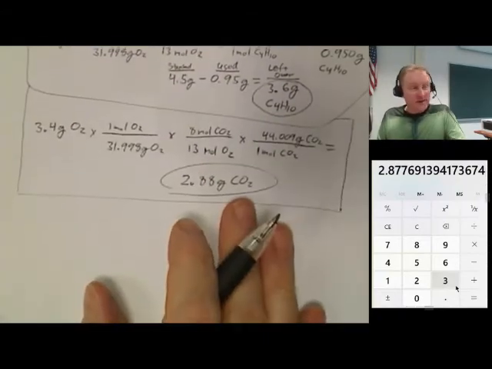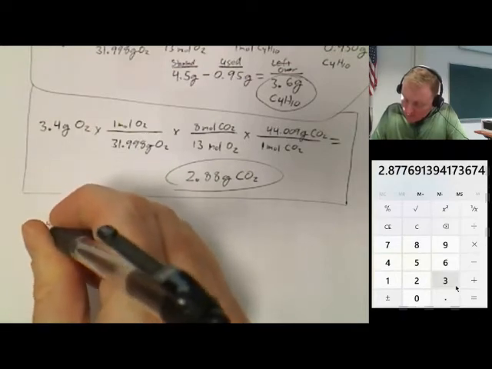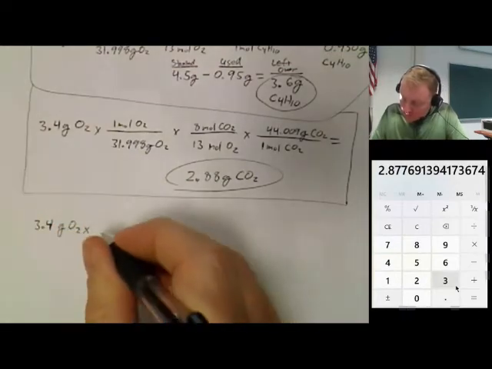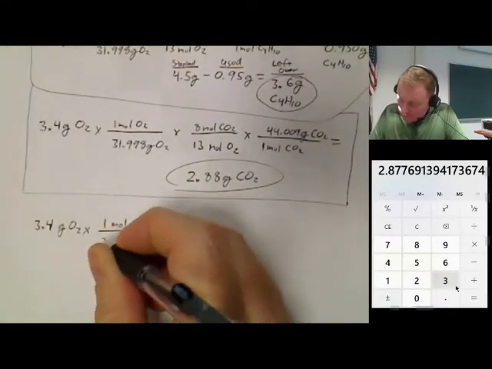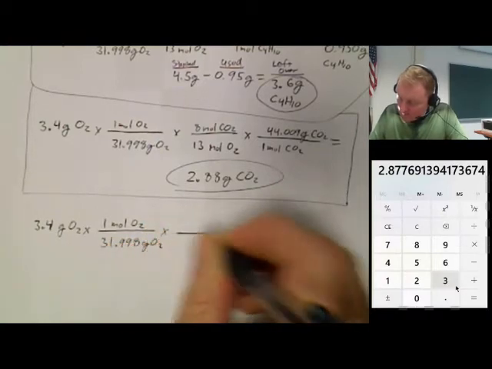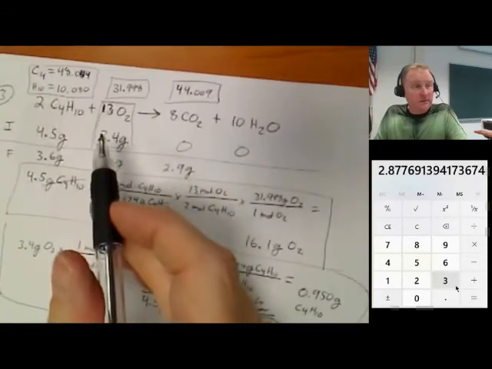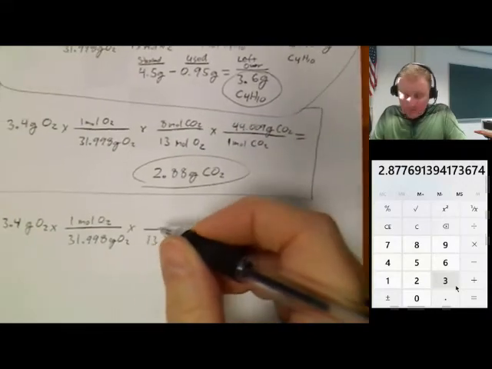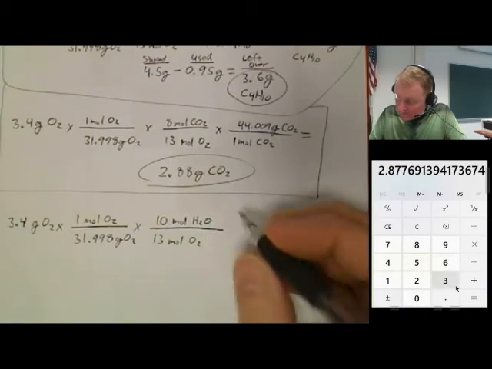And let's do the next one to water. 3.4 grams of O2. We're going to convert this into water, and we get to use the same numbers we've been using before. 31.998 grams of oxygen. For every 13 moles of oxygen, there's 10 moles of water.